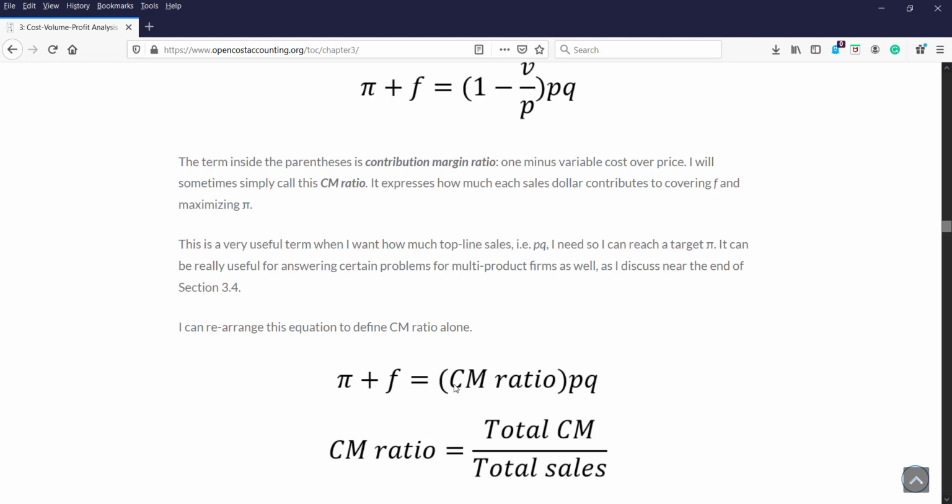Now we can rearrange this equation, again substituting total CM for the left-hand side, and divide by total sales, or R, or PQ, all interchangeable. So we have total CM over total sales equals CM ratio. And right here, I just flipped the sides of the equation. So CM ratio equals total CM over total sales.